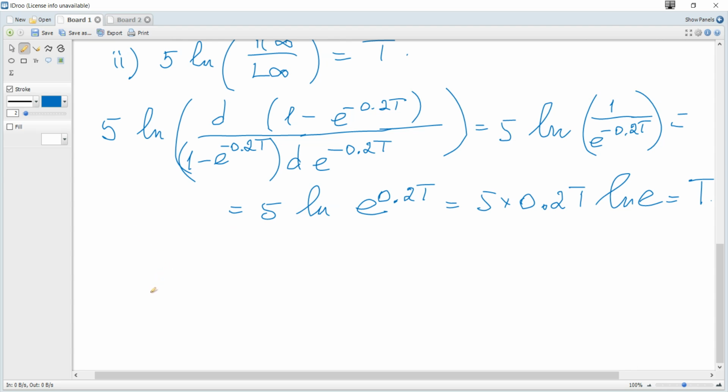The next, it is known that this drug is ineffective if the long-term concentration is less than 0.06 and safe if it never exceeds 0.28.